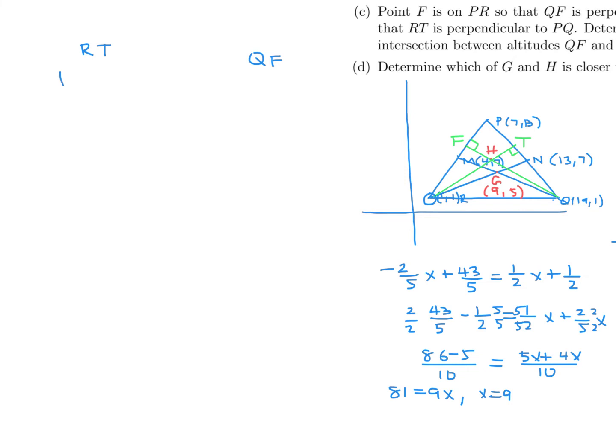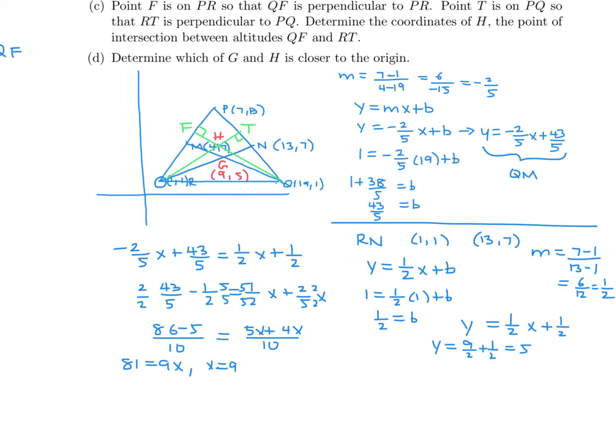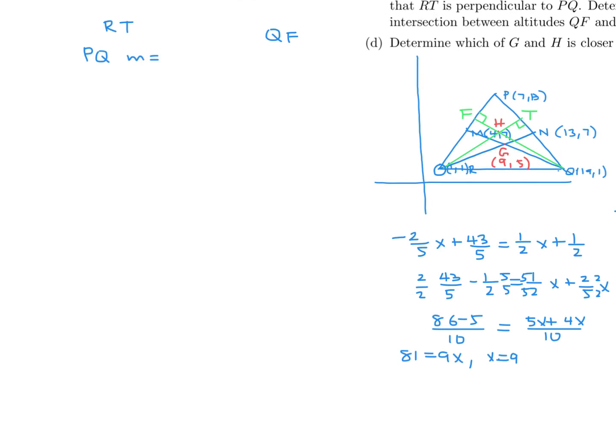So the slope of PQ, the m value, did I calculate it somewhere? I think I did, right? PQ. I don't think I have. Okay, not a problem. I can do it.